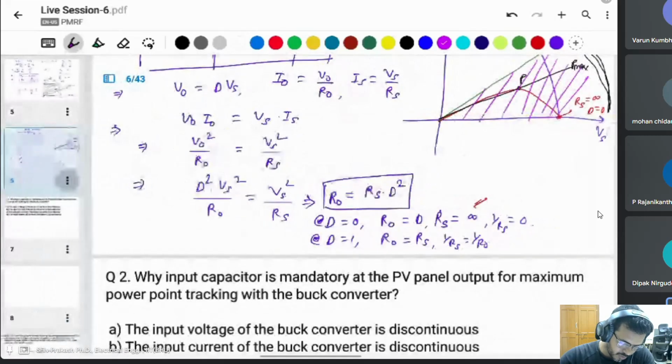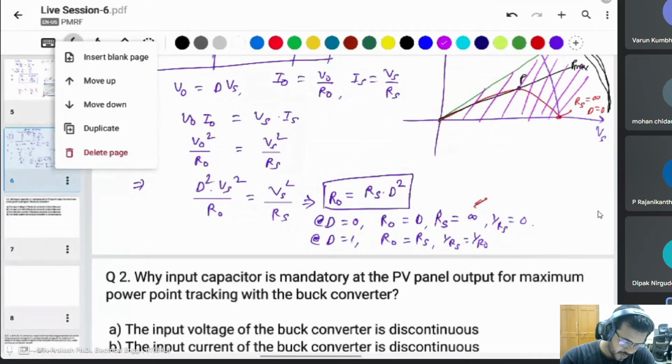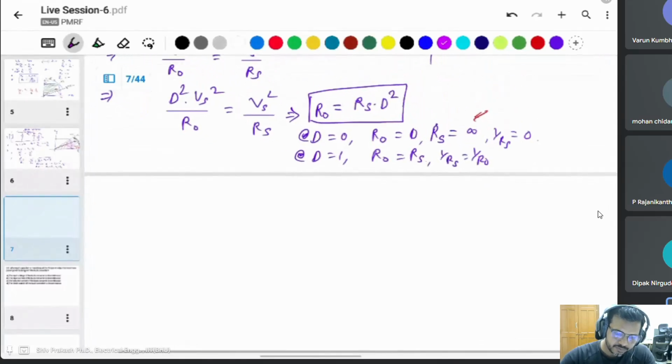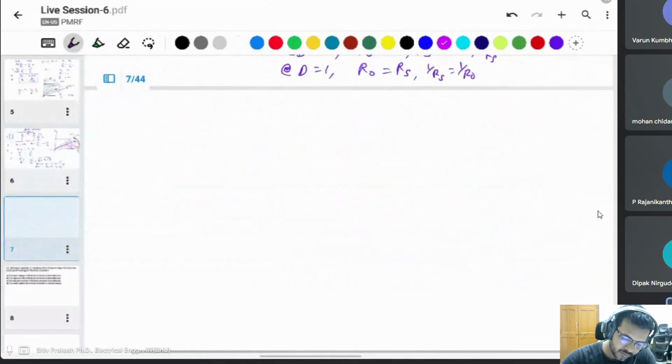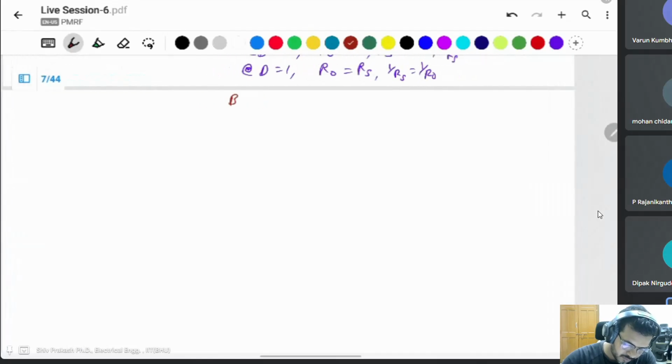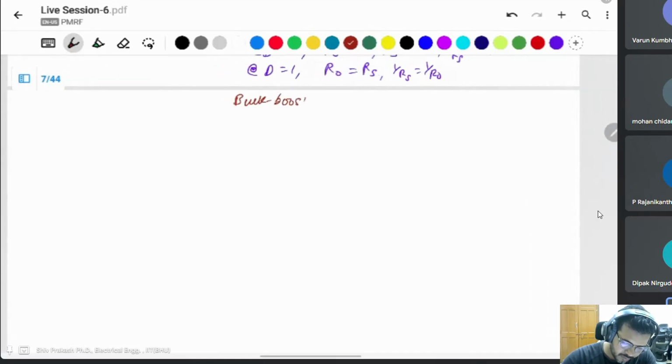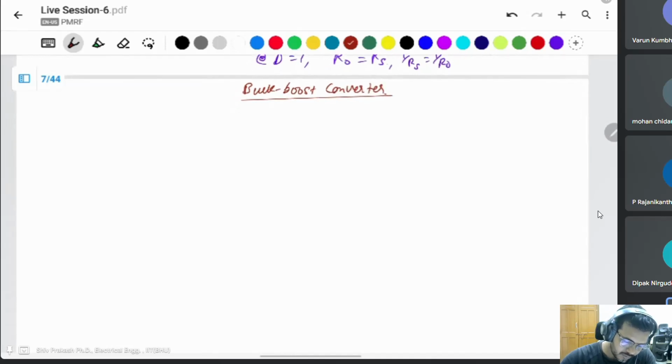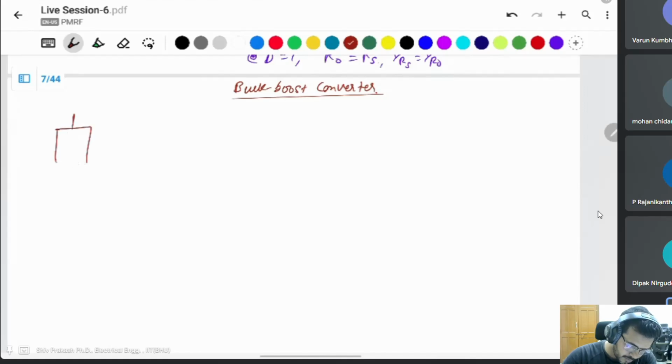What happens in the buck boost converter? First is the buck, after that the boost converter.